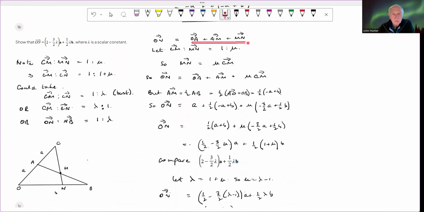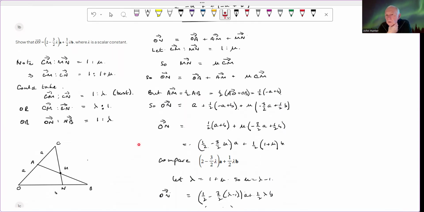So here's a route which I think has got a fighting chance. It's going to go OA, AM, and then MN. The only problem with that is we don't know what MN is. We do know what CM is, and we know MN is a scalar multiple of CM, because it's collinear.